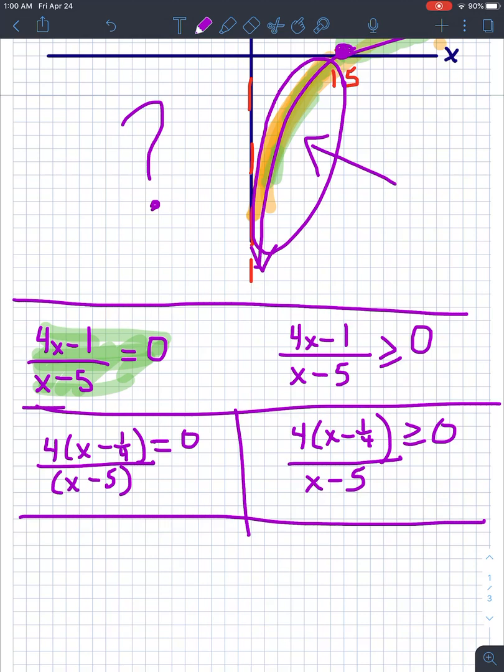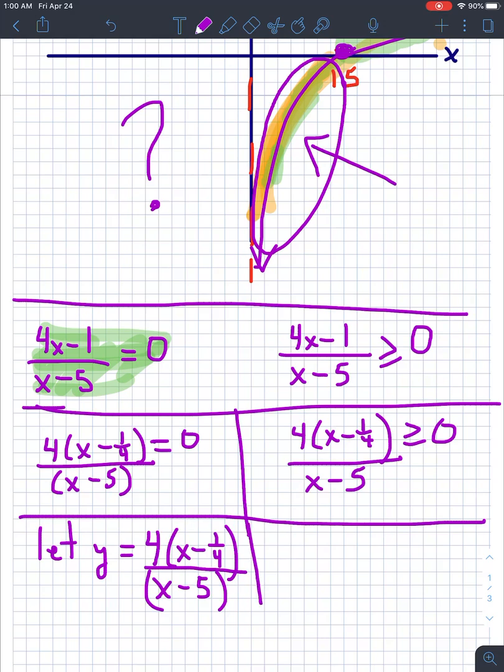All right, so let y equal that left side so that we can actually graph it. It's important to do that. Then we'll just take a look at it and see when that value is equal to 0. So in other words, when does it hit the x-axis? When is it greater or equal to 0?